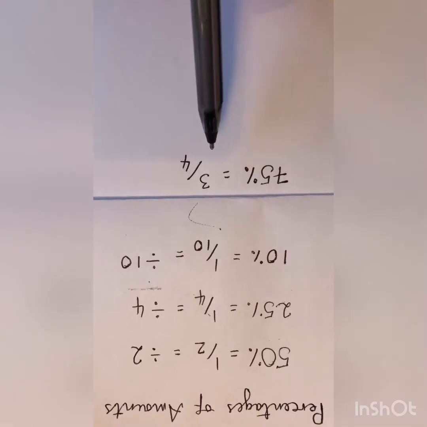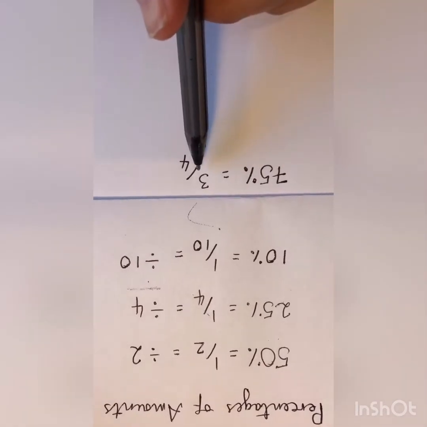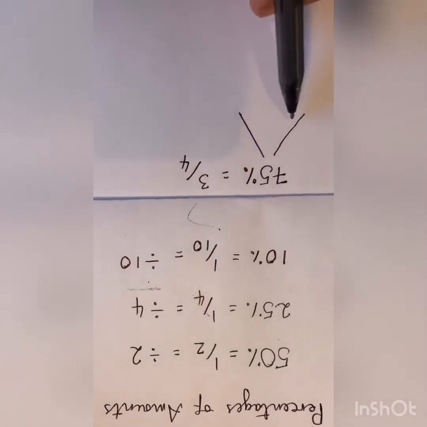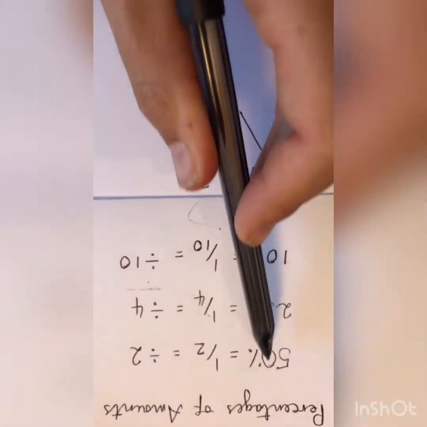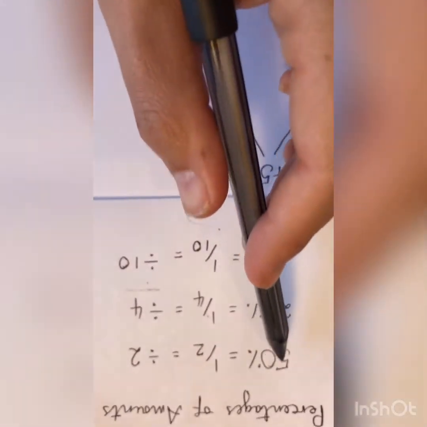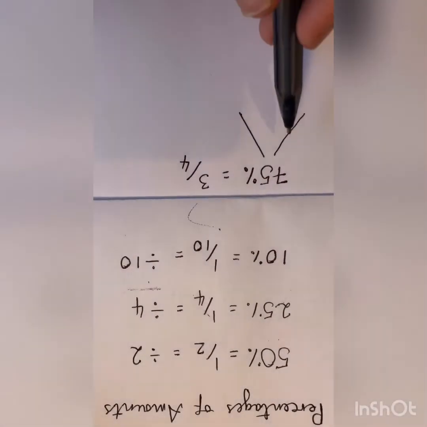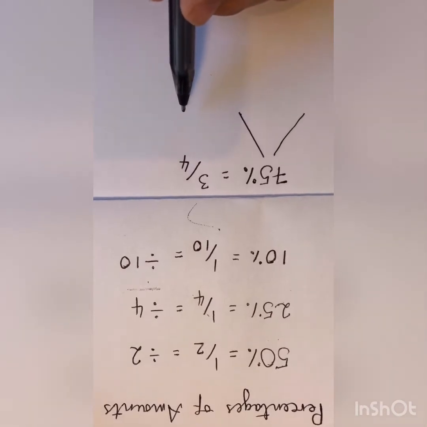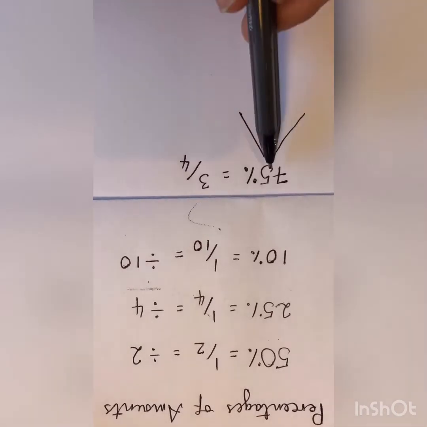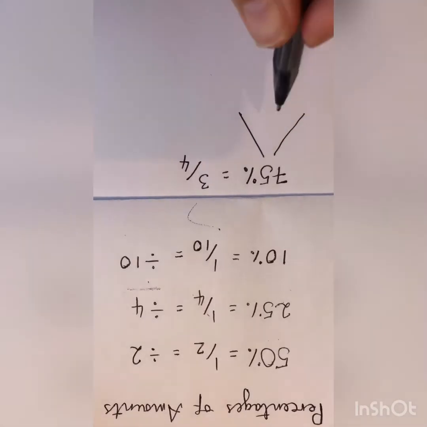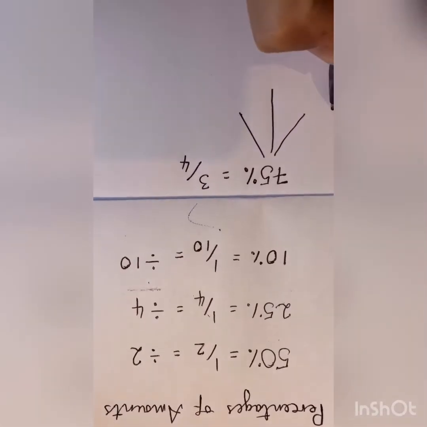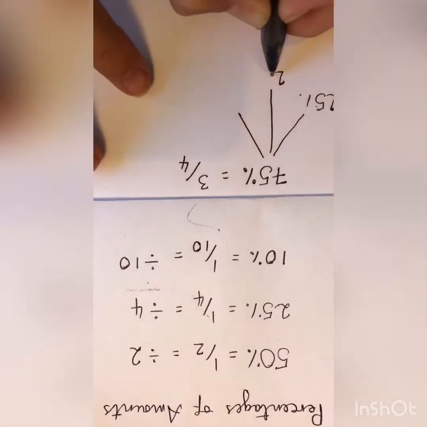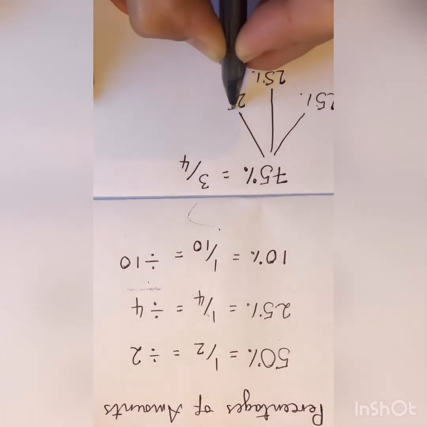Okay, so to find 75% of a number, it's not quite as easy, and the best thing we can do is split 75% down into these easier amounts. So we know that 75% is either made up of 25 and 25 and 25, or it's made up of 50 and 25. We're going to go with 3 lots of 25%. So 25, 25 and 25%.